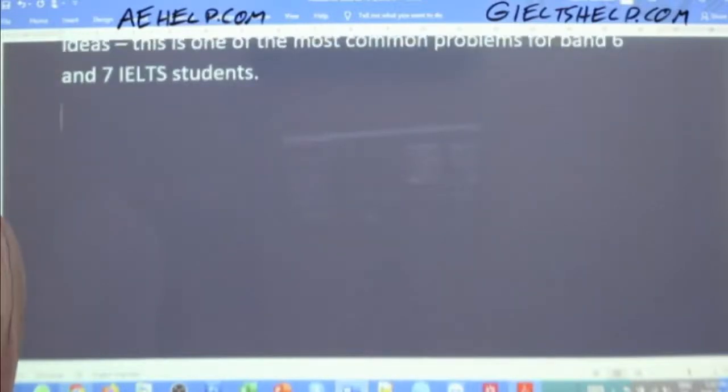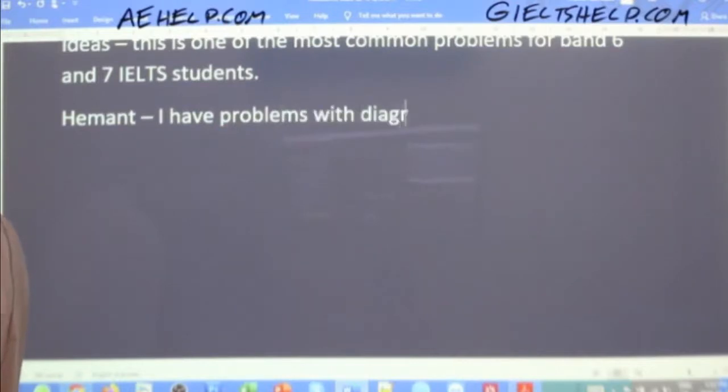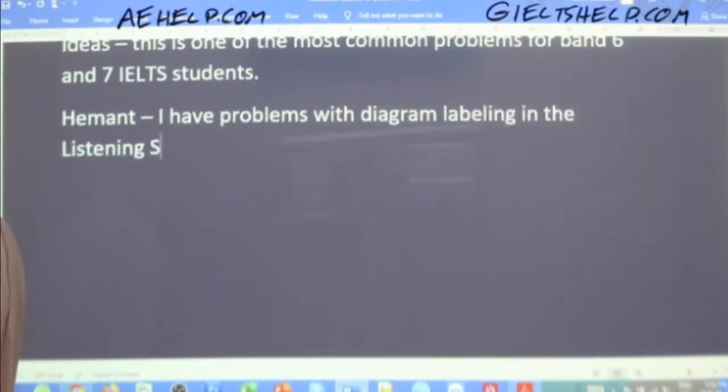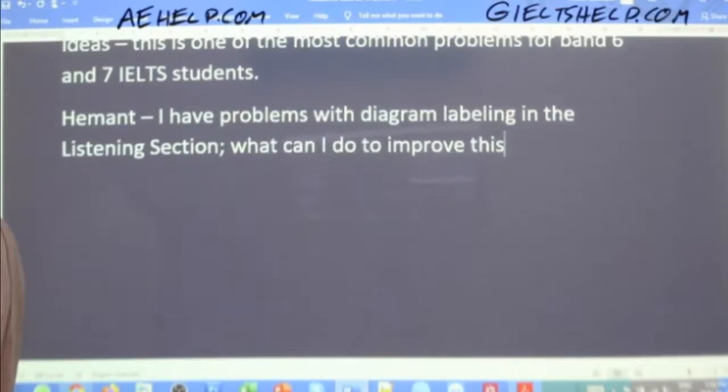Hemant says, I have problems with diagram labeling in the listening section. What can I do to improve this?